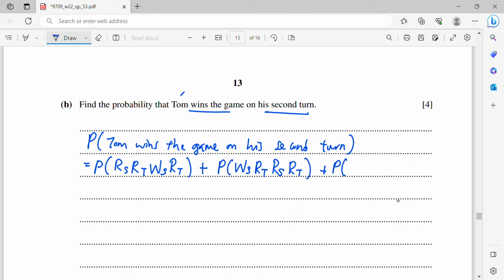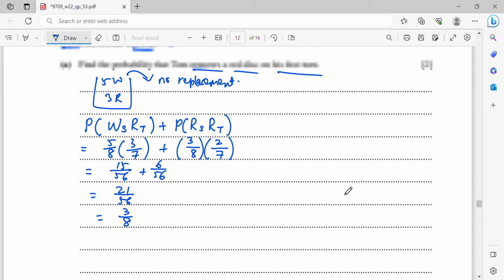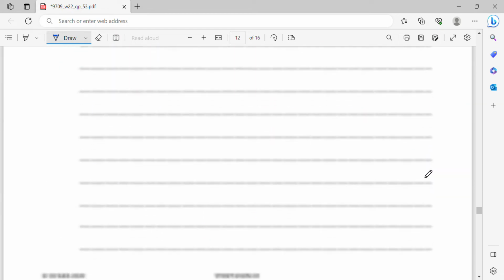Or white from Sam, red from Tom, white from Sam, red from Tom. Okay, so just now we have 3 red, 5 W.